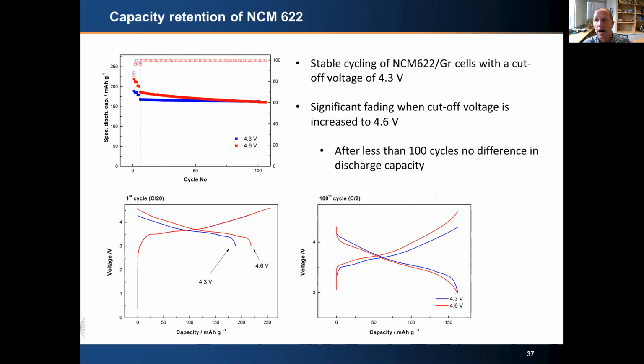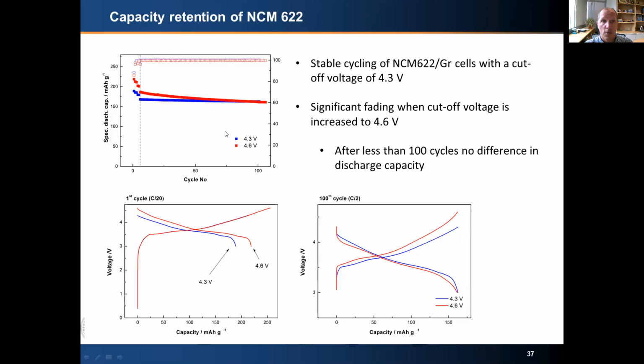So if we move up in nickel content to the NCM622, by increasing the voltage from 4.3 volts to 4.6 volts, we observe a significant increase in the capacity. However, we also see a very large increase in the capacity fade upon cycling to 4.6 volts compared to cycling to 4.3 volts.